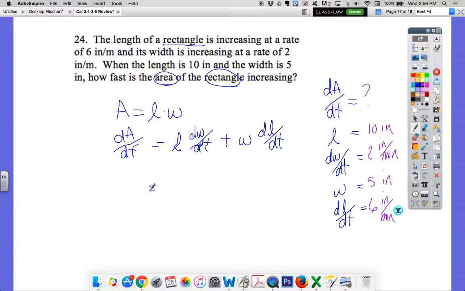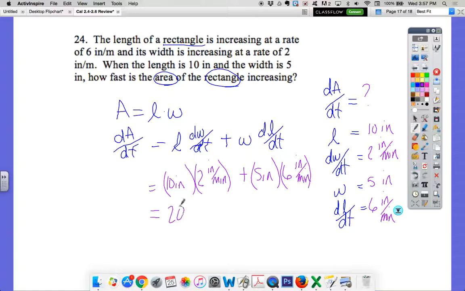So we're just coming in here. We need to substitute and evaluate what's happening. So the length is 10 inches. The width is increasing 2 inches per minute at that moment. And the width is 5 inches at that moment. And the length is increasing 6 inches per minute at that particular moment.